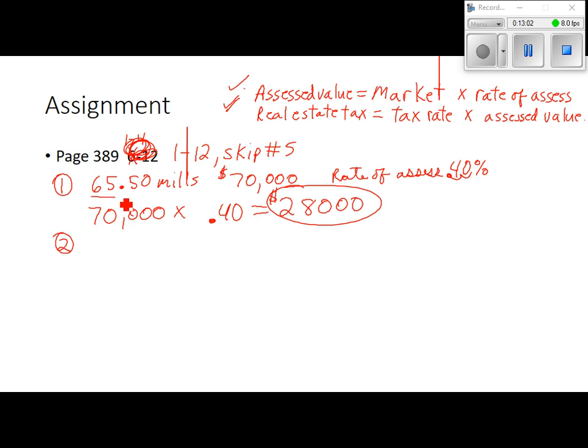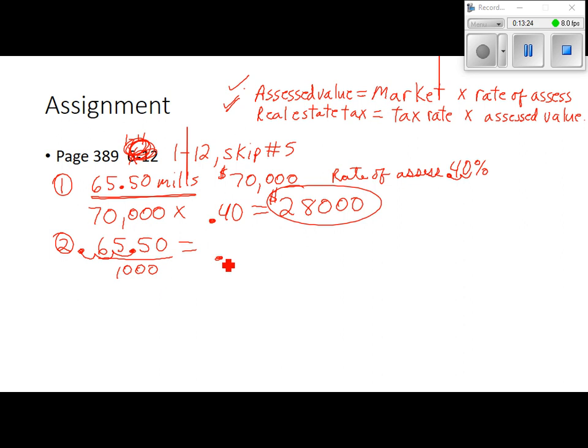Well, the tax rate comes from the mils right here. So all they're telling you to do in number 2 here is change that mils into a decimal form. And when you're changing mils into a decimal, you divide it by 1,000, which is the same as bumping the decimal 3 places to the left.